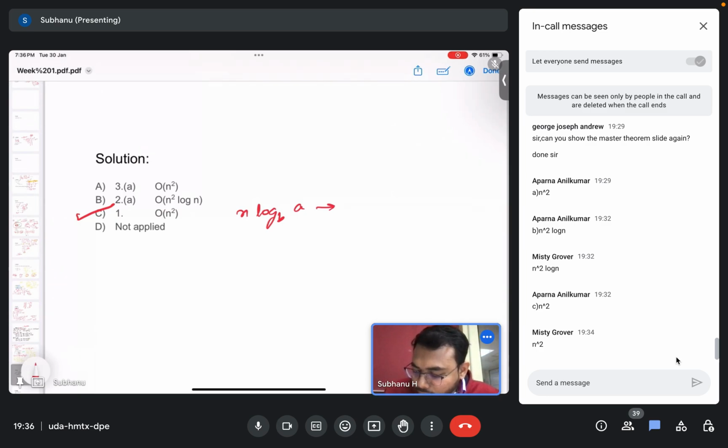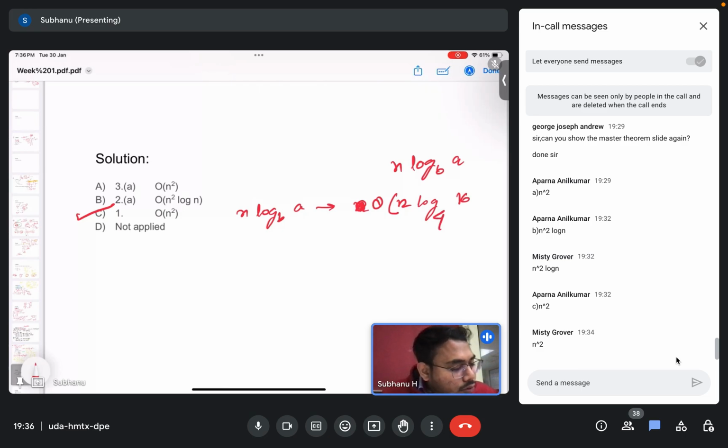So theta of n to the power log a base b, remember, log a base b.